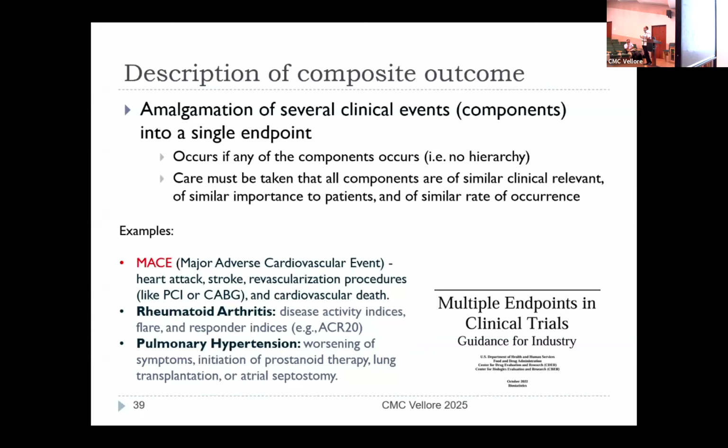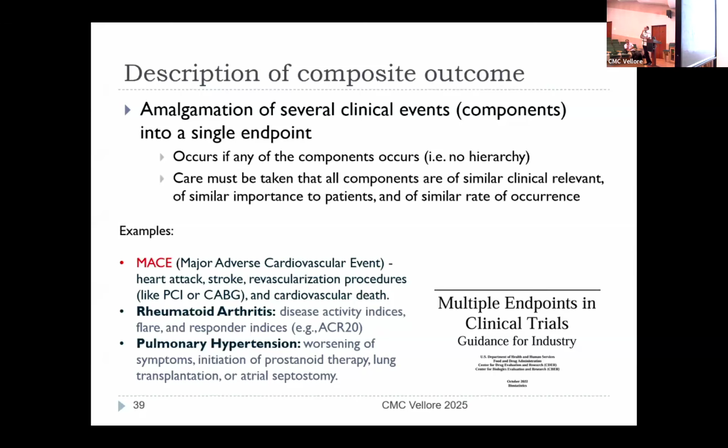But the question is, is that new composite you invented meaningful? You don't want to put in things that are not as important but occur more frequently. Like if you put in atrial fibrillation and angina in MACE, they're not of equal importance as death or stroke or MI, but they occur more often. And so you'll get more events, but when you're comparing the 2 arms, you may get an inappropriate comparison, right?